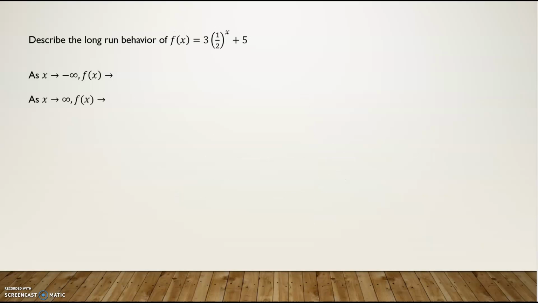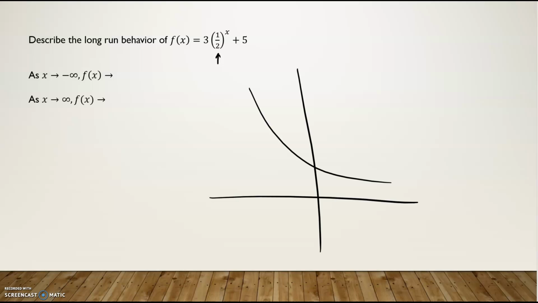Okay, so let's look at this one right here. We've got b is equal to 1/2, so we know we've got a decreasing function. Okay, so something like this, decreasing function. We have a horizontal asymptote at y equals 5. So let's just say this right here is 5.